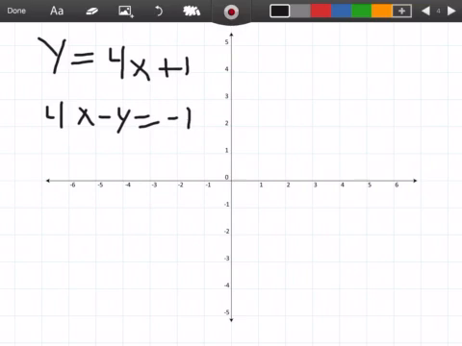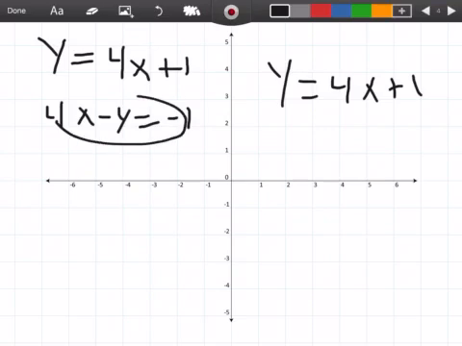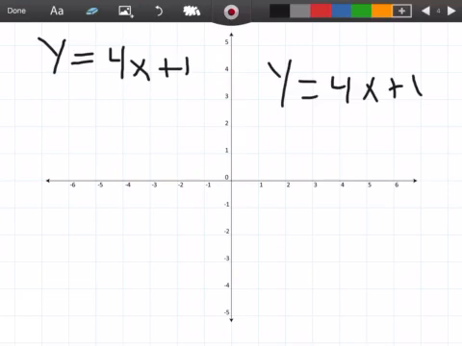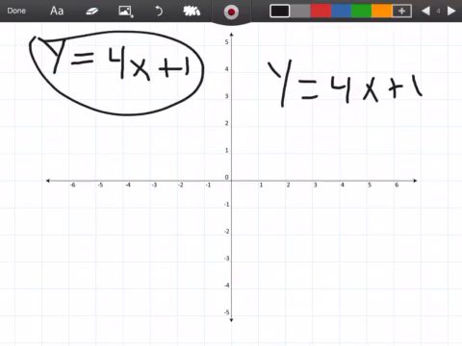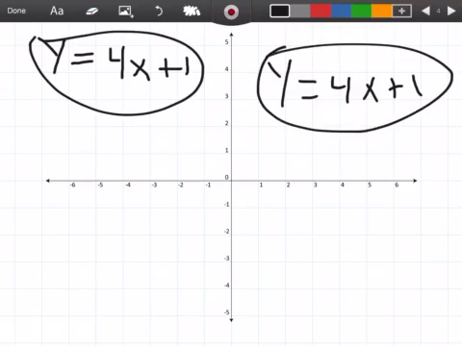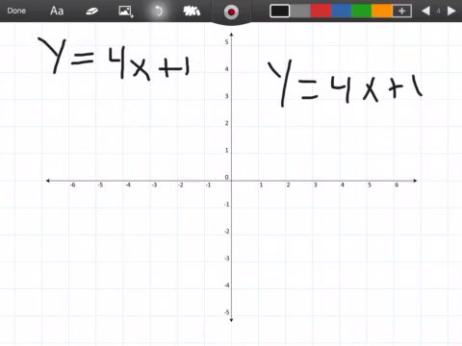Our next equations are y equals 4x plus 1, and 4x minus y equals negative 1. Again, if we put this into y-intercept form, we'll have y equals 4x plus 1 for this equation. Let me erase this to get space. Now you notice one thing: these are the exact same equations.